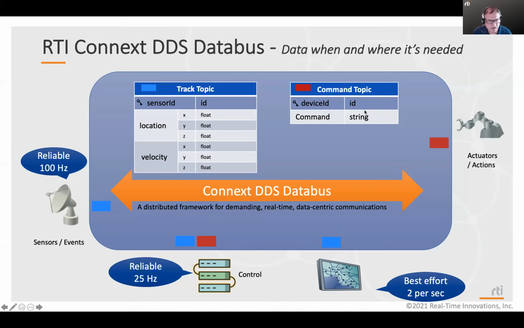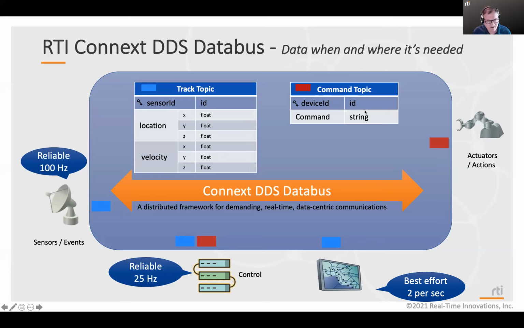In this case, it's receiving the same topic as the control unit and the same topic that the sensor is generating, but it's saying I only need it best effort at 2 times per second, because it's basically a monitor that people are looking at. It doesn't need to have such reliability. There'll be samples coming along later that will fill that in. So it puts less stress on the system. The application for that monitor can put that request into DDS, and the writer at the sensor will deliver that traffic as the monitor asks for it.